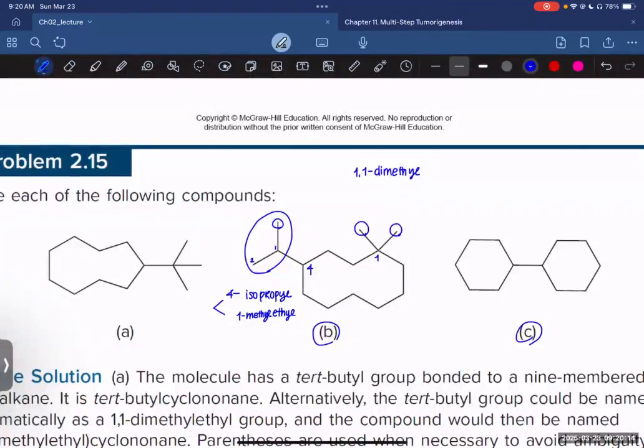Let's try using the common name first. The iso is a prefix that is considered when alphabetizing this type of compound.